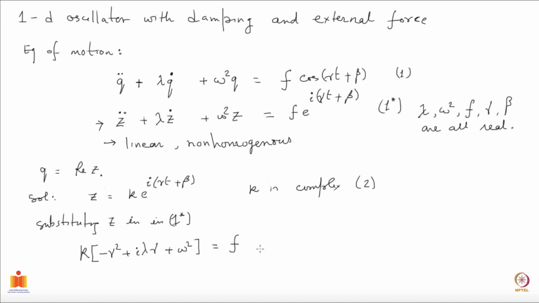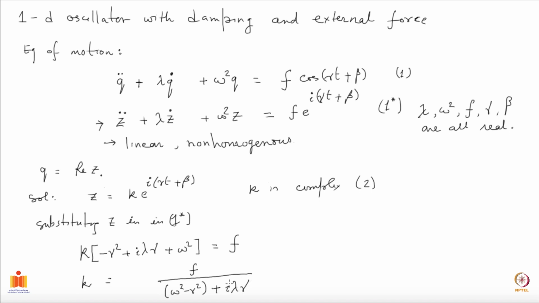Now you can write k here itself. So you can write k is equal to f over (omega square minus gamma square plus I lambda gamma).